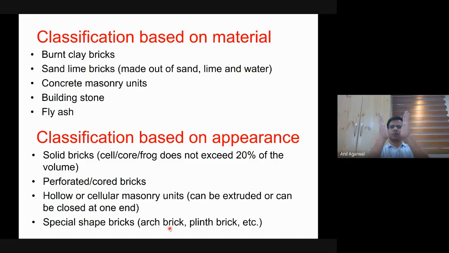The edges were not at 90-degree angles. They were at a different angle. So those bricks used to be of a different classification. Earlier they were very common, but nowadays it would be very difficult to get such bricks. And then plinth bricks were also different types of bricks. Sometimes some bricks would have slightly different shape based on the application, and then they would be classified like that.